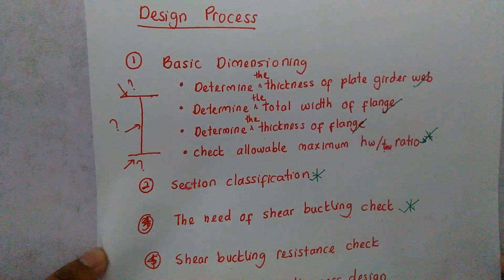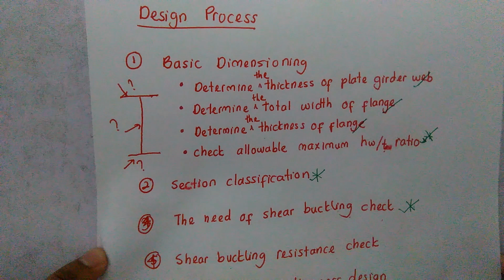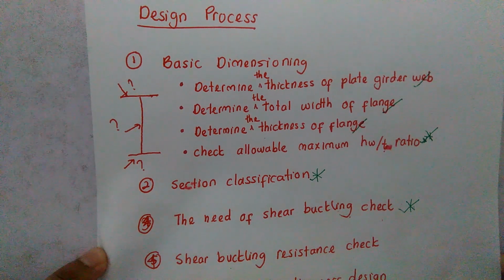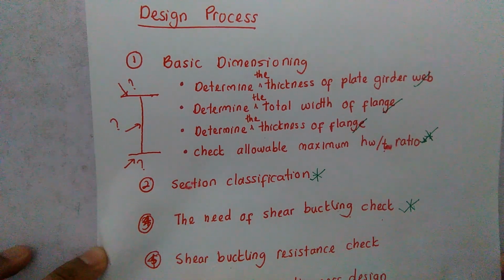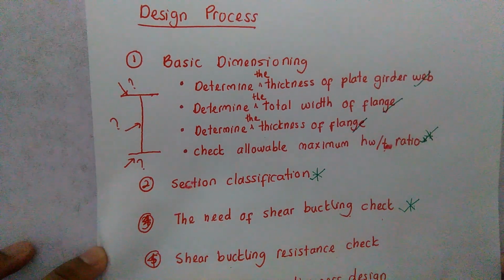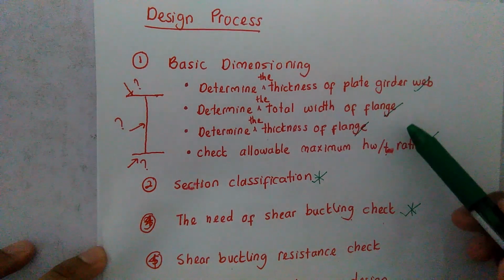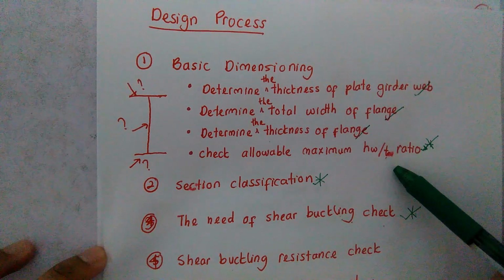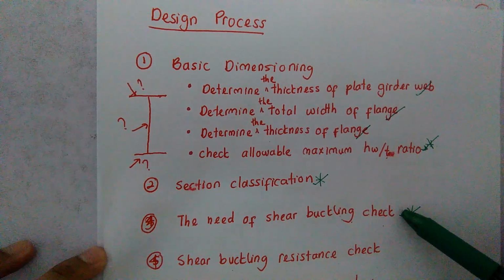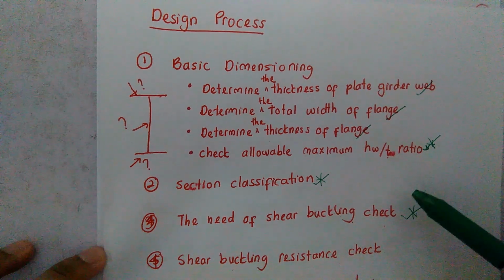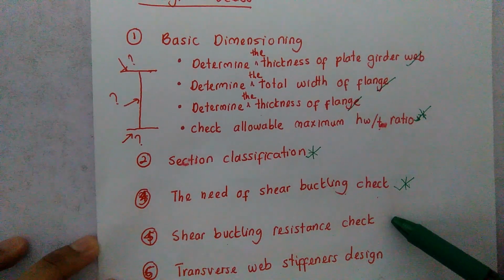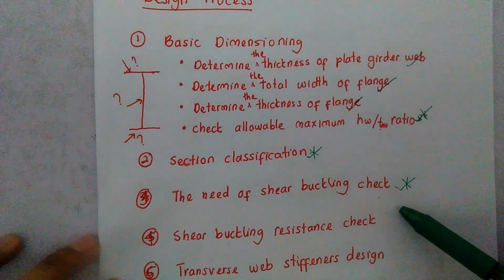So far we have three video lectures that have been given to you, and I'm sure that you have watched the part 1, part 2, and part 3 videos. In part 1, we completed the basic dimensioning. In part 2, section classifications and the need for shear buckling check, while part 3 is the shear buckling resistance check.